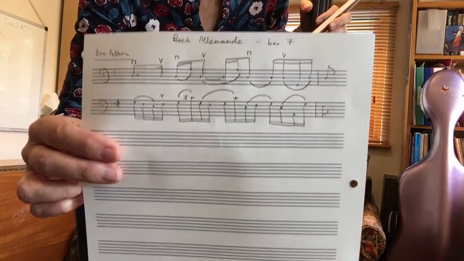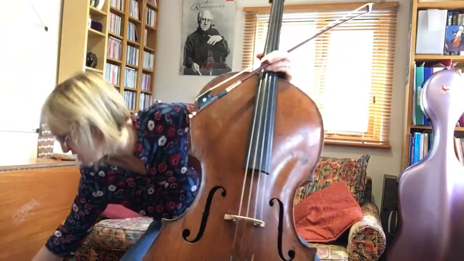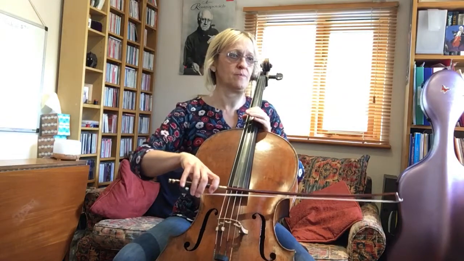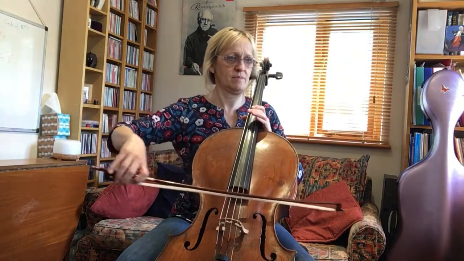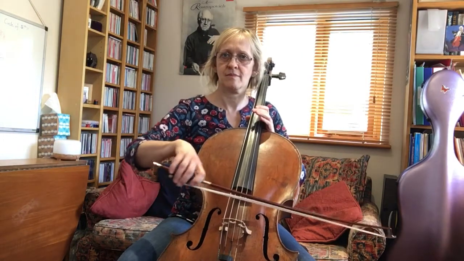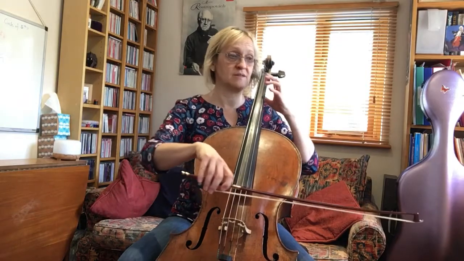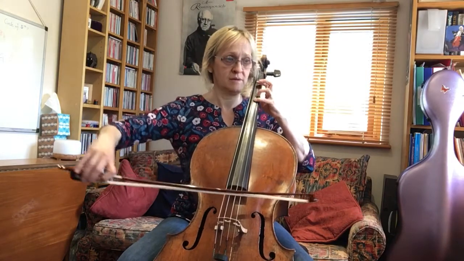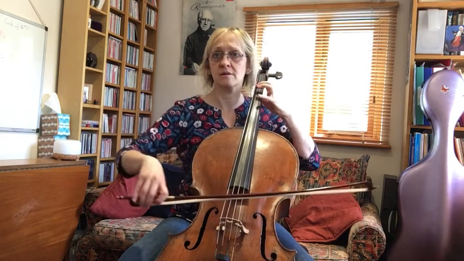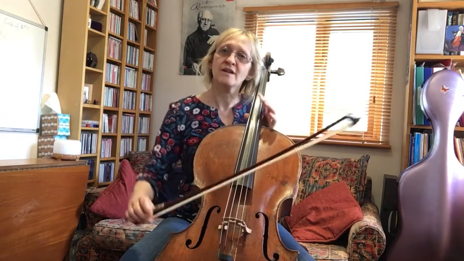Tied D and then onto an A. So again, I shall just play that for you. Then with the fingers. And it'll be a lot easier if you've done the bow pattern first.